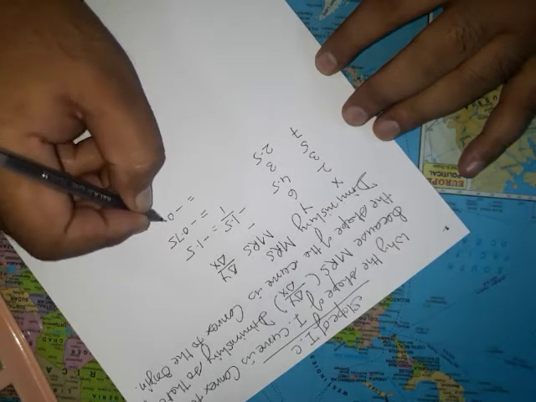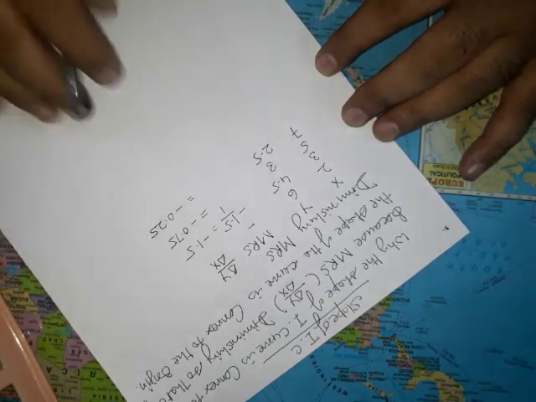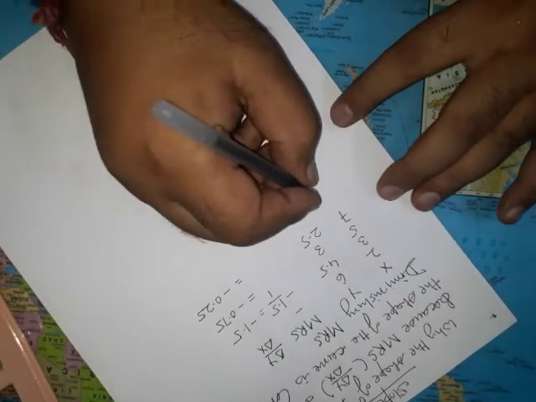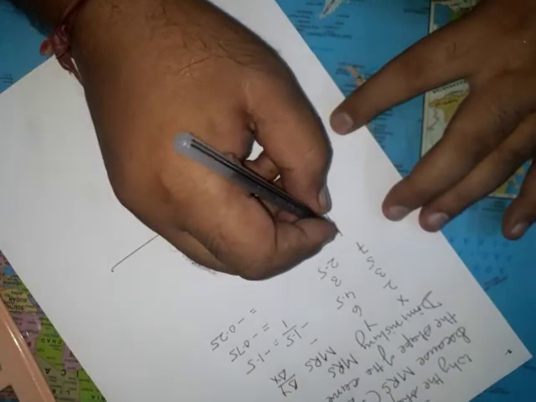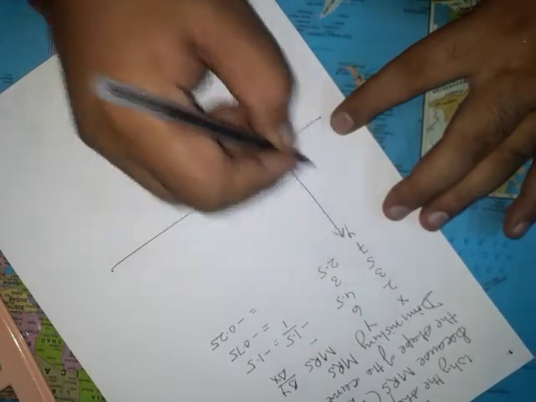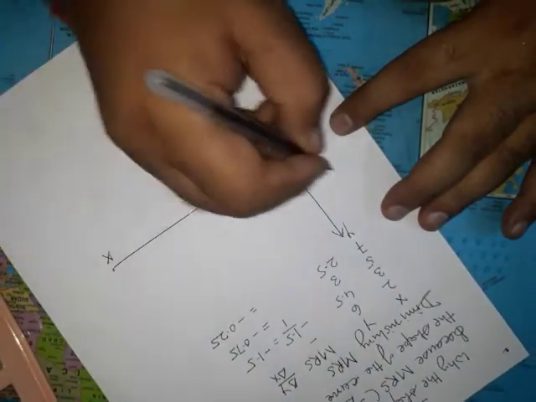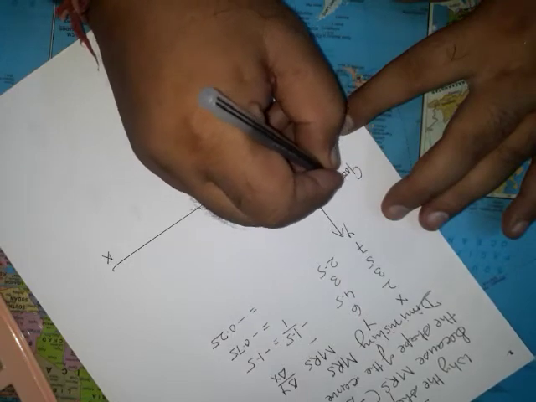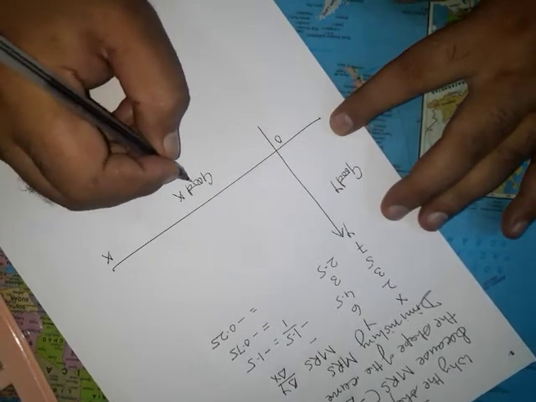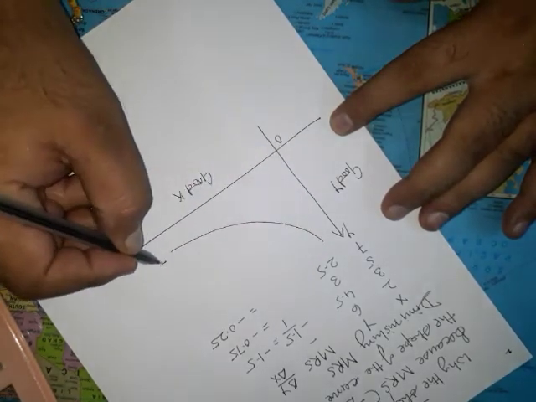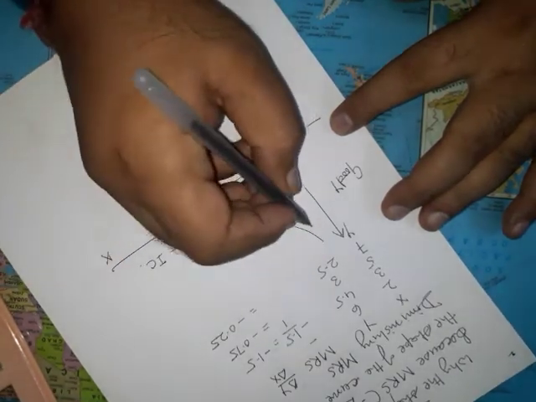After that 0.25. So that's why the shape of the curve is convex to the origin. On the OY axis and OX axis, we take good y and good x, and the shape of the curve is an indifference curve like this.